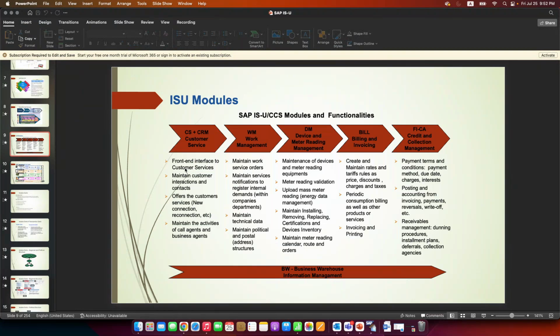The reason I used the word temporary is in SAP utilities, you will be having two different disconnections or reconnections.